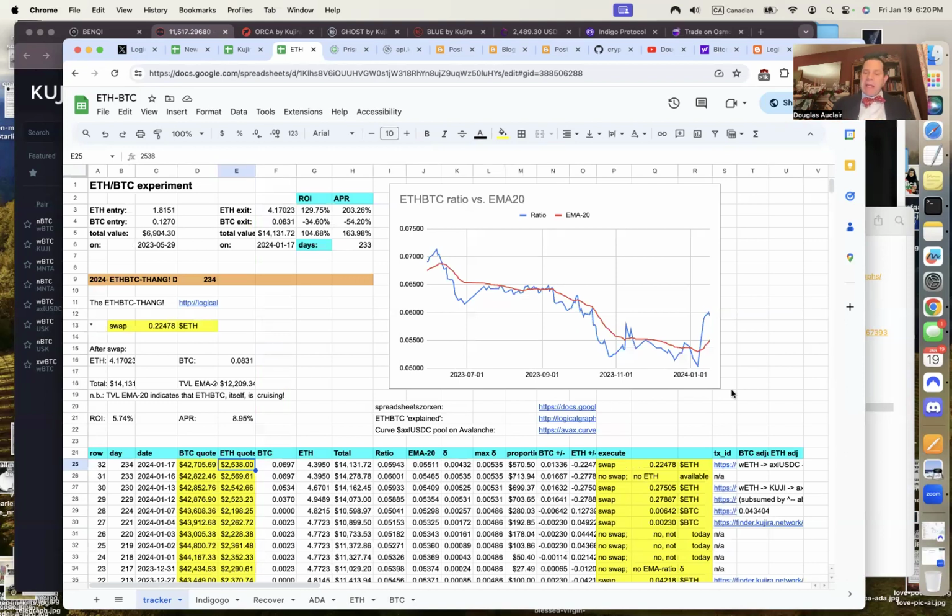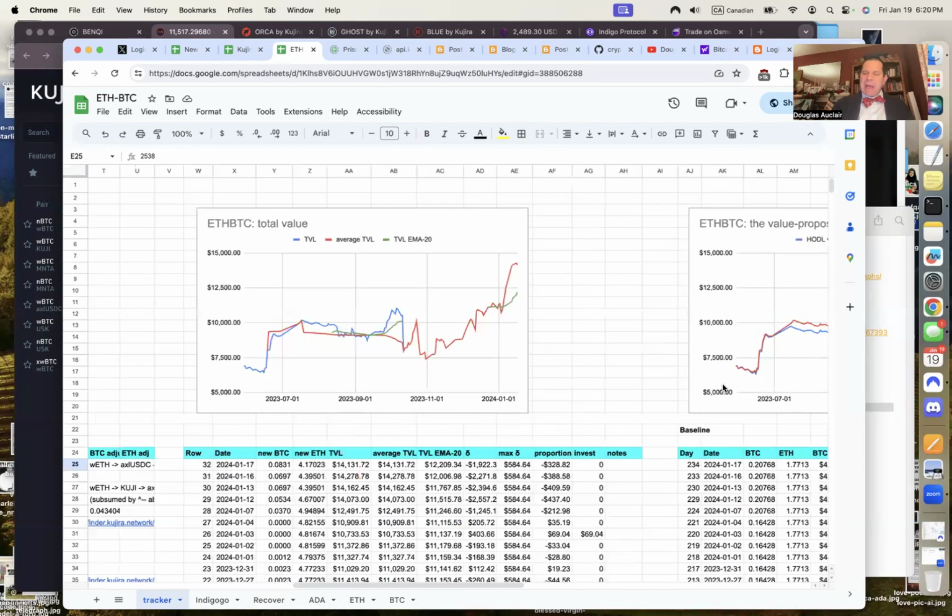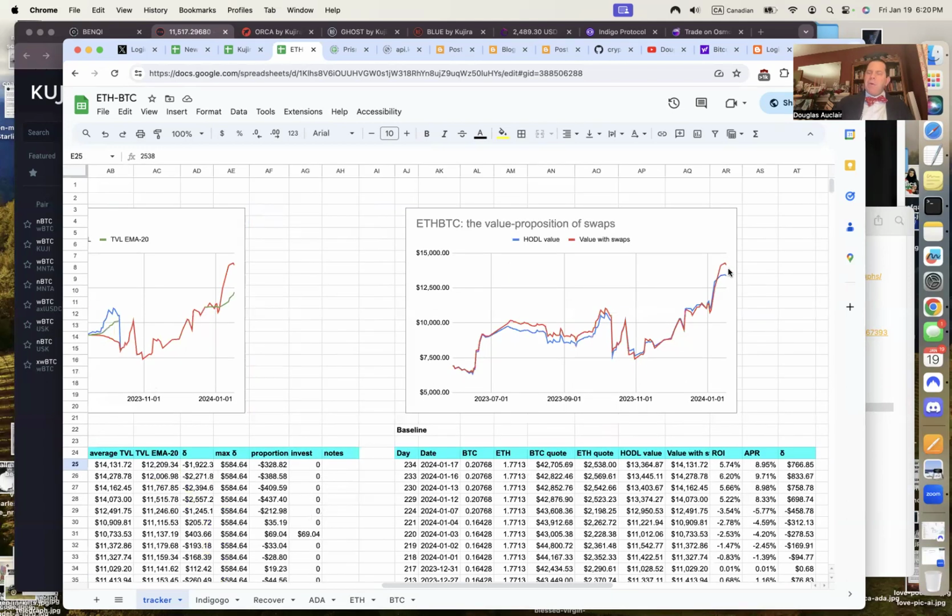But if you add in the trades, you start adding in a little bit more value. The magic of the trades of the ETH-BTC ratio is that you're growing your ETH position and you're growing your Bitcoin position a bit by bit by bit.